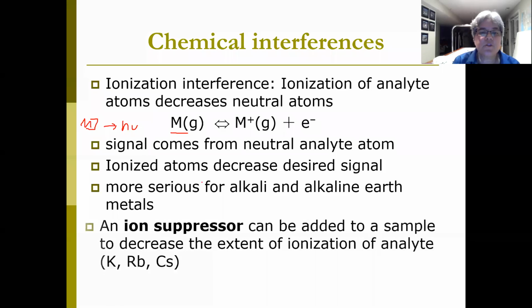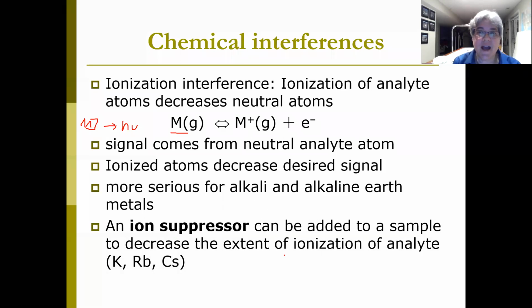All right, so the solution for this is to use something called an ion suppressor. This is something that is easily ionized, more easily than your sample. A common example is, if I'm trying to measure sodium, I will add potassium. So the potassium is easier to ionize, so the potassium will make lots of K plus and lots of electrons.